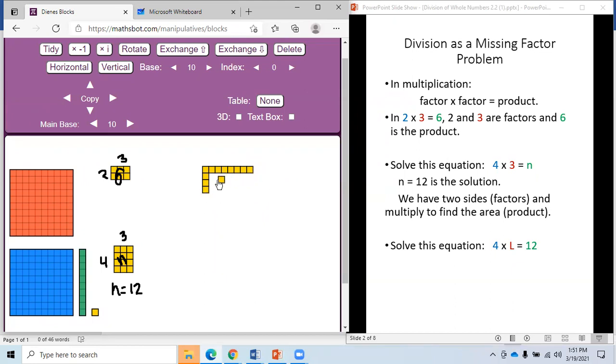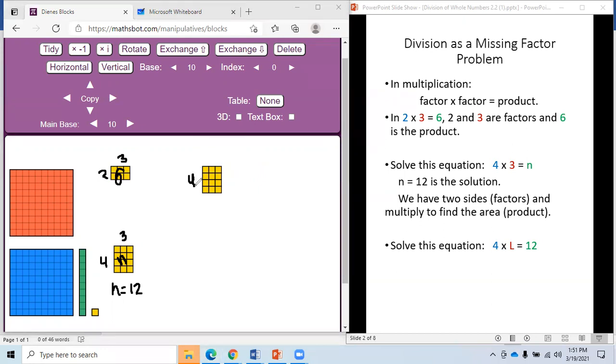Moving the other blocks to create a rectangle, we can see that our missing side length is 3. So this is 4.